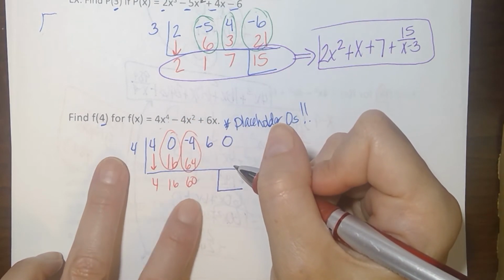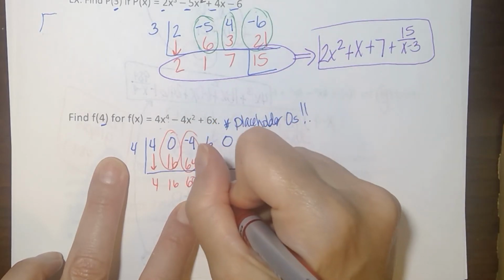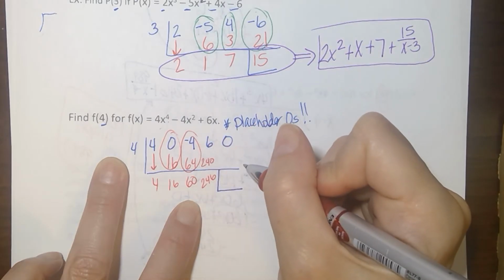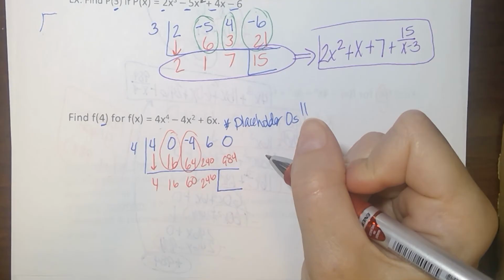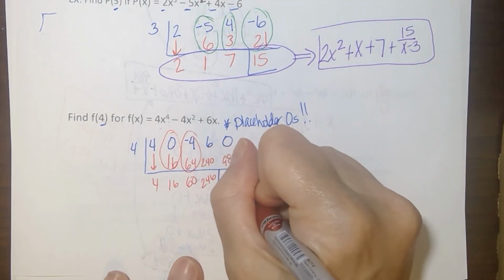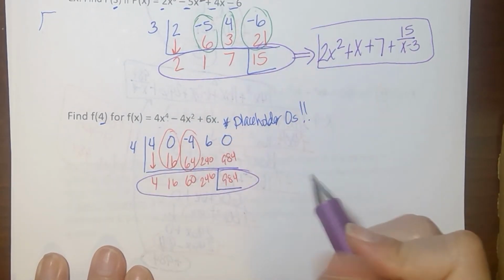Multiply on the outside. 4 times 60. Add on the inside. Multiply on the outside. Add on the inside. This is my quotient with remainder.